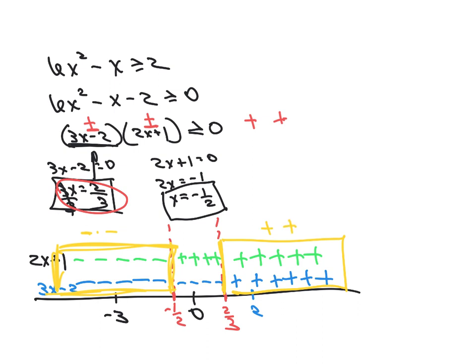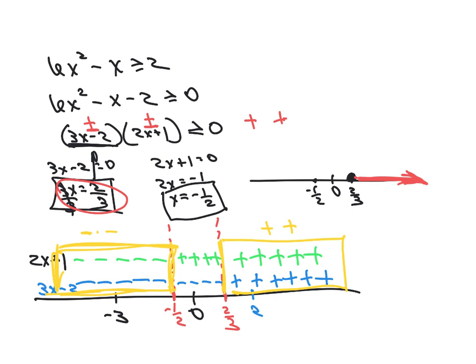So what our solution is going to end up looking like is a number line with a 0, a negative 1/2, and a positive 2/3. And we're going to have a closed circle here showing that it includes 2/3. That's because of the greater than or equal to sign, which means we're going to include that. So greater than, so this way.